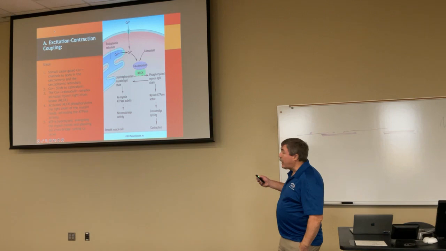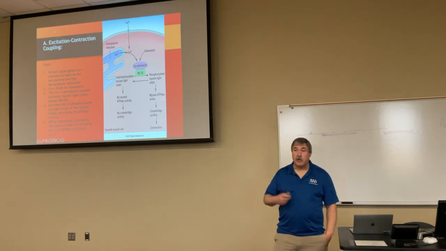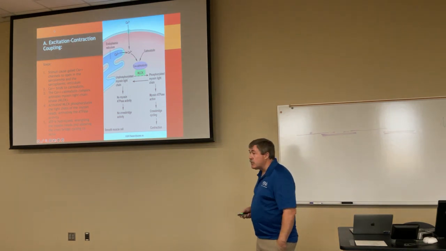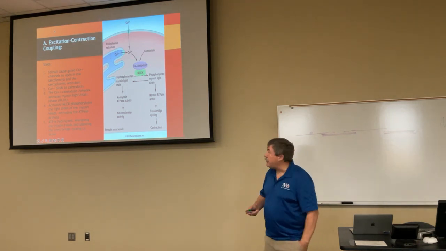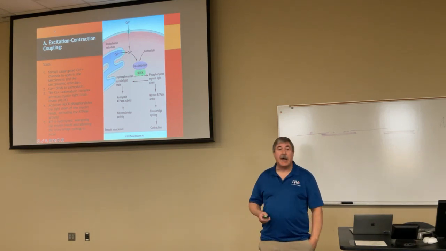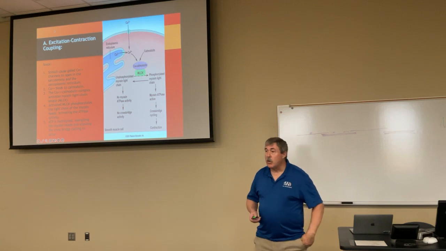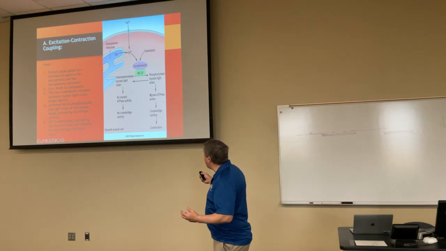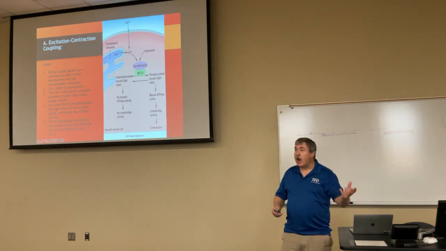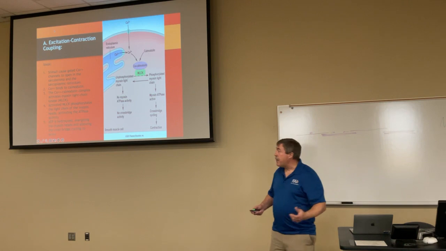So if there's no calcium present in the cytoplasm, or very little calcium, then you don't have very much of this calcium-calmodulin complex, and so myosin light chain kinase is not activated. Without this calcium-calmodulin complex, myosin light chain kinase is turned off. It's in an inactive form.